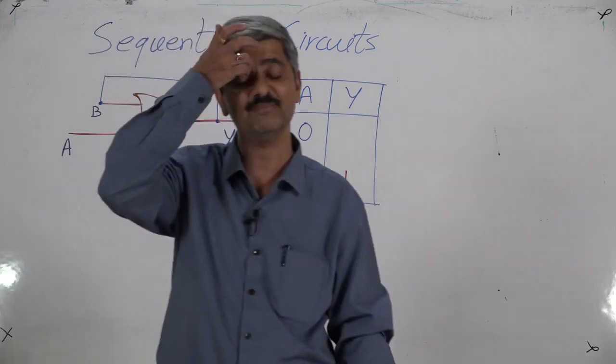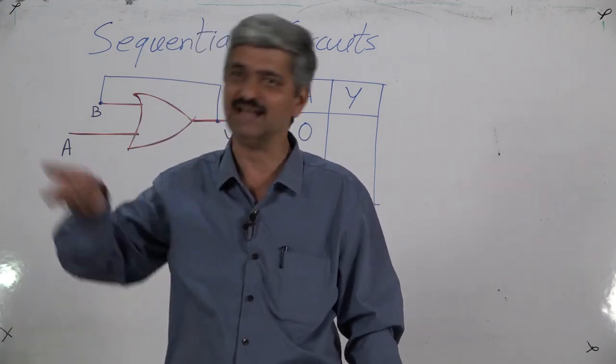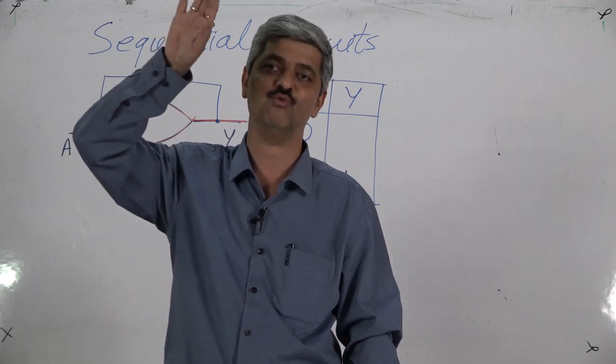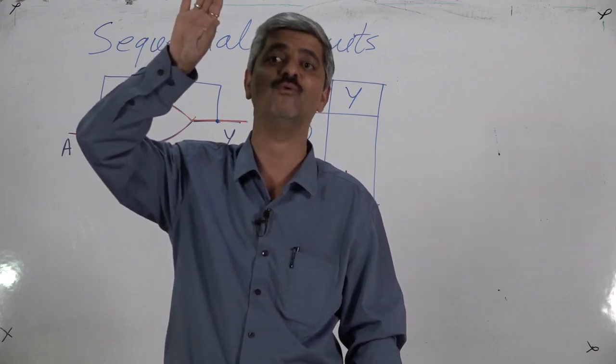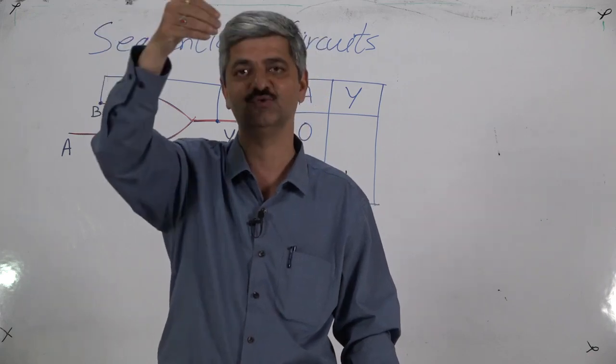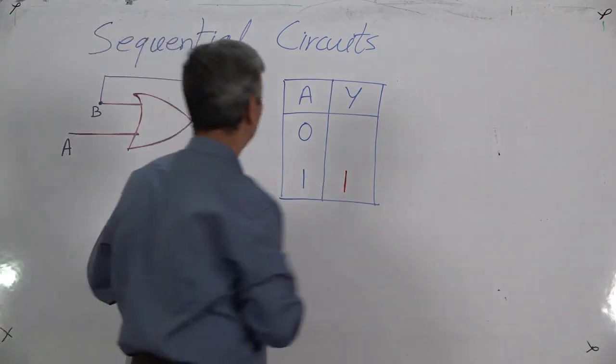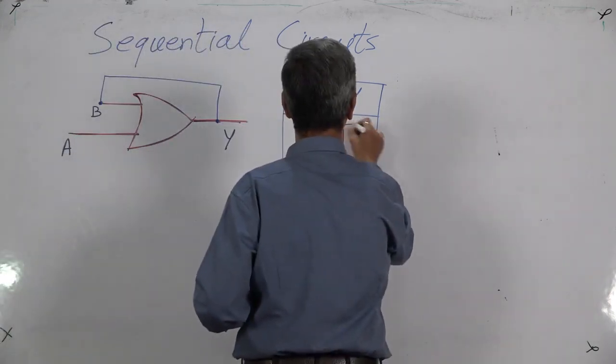An excluding state means that when an input is 0, the output depends on the other input as it is. So, if A is 0, what is Y? Y is B. For an OR gate, if A is 1, Y is 1, and if A is 0, Y is B, then you will write in the truth table Y equal to B.